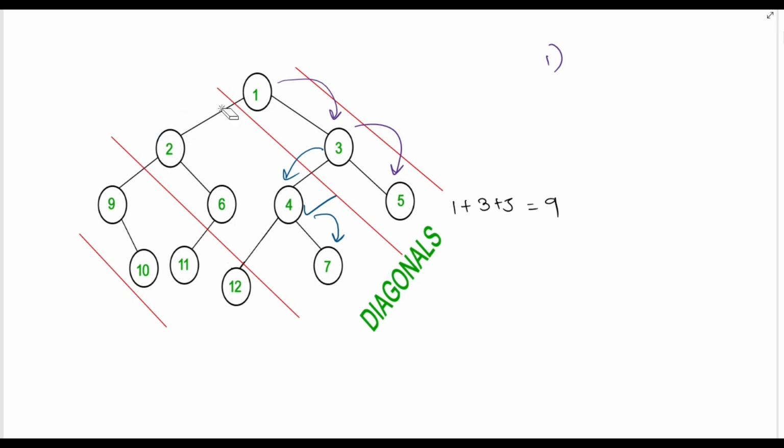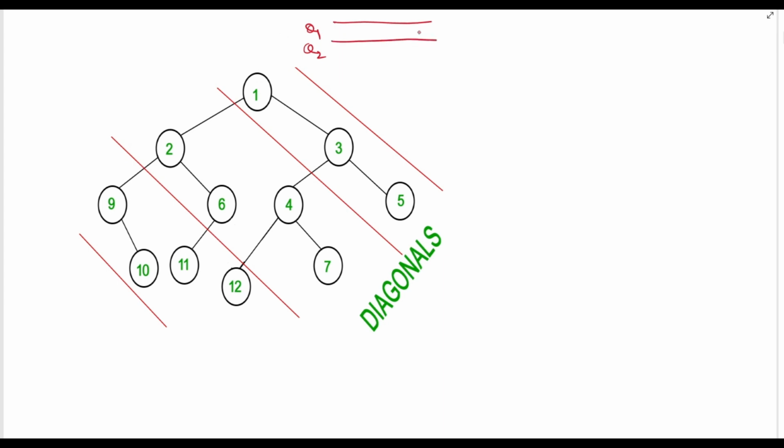So let me just make this easier for you. I will start with Q1 and Q2. In Q1 I will put the first element. In each iteration, for the first iteration we will keep on doing this till Q1 becomes empty.